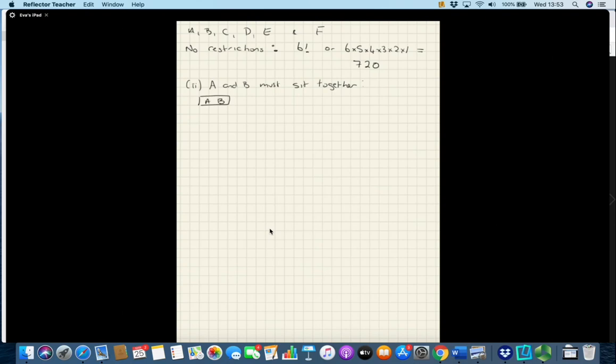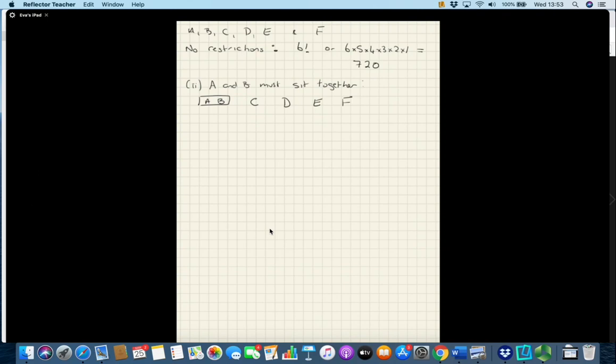In other words, we move them around together. So we've AB, we've C, we've D, we've E, and we've F. Okay, so now can you see I just have more or less 5 different arrangements. So I don't have 6 anymore because A and B are effectively stuck together.